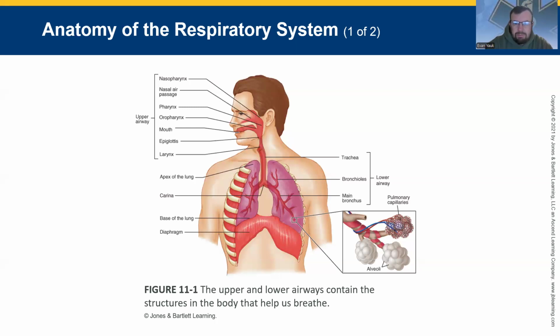And just like a leaf has veins, your alveoli have capillary beds around them. This is where that oxygen and carbon dioxide diffuse in and out of the alveoli. We're going to get into all that. Knowing your upper airway anatomy and your lower airway anatomy is very important. We discussed how the diaphragm works. If you have questions on that, let me know.